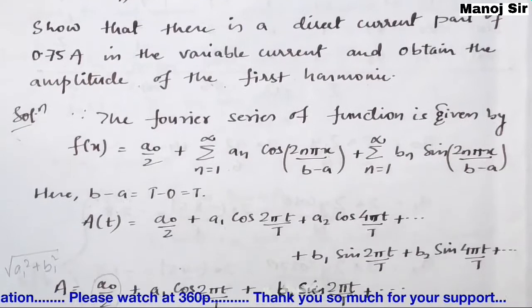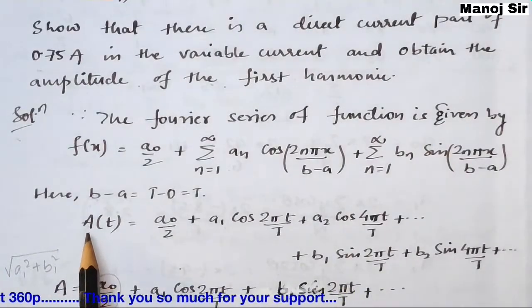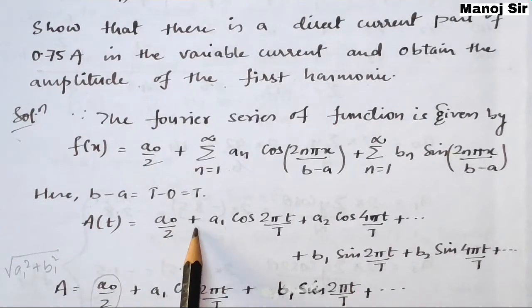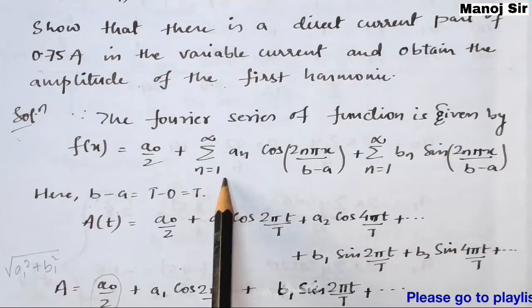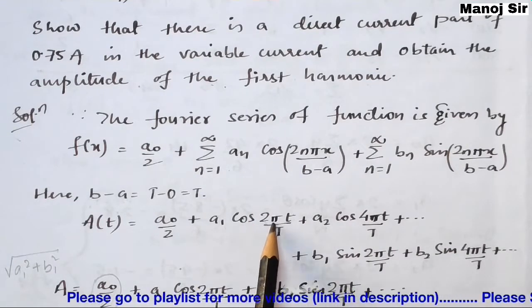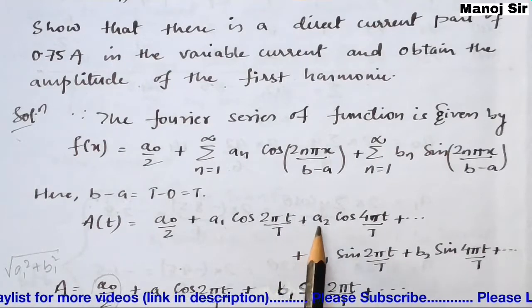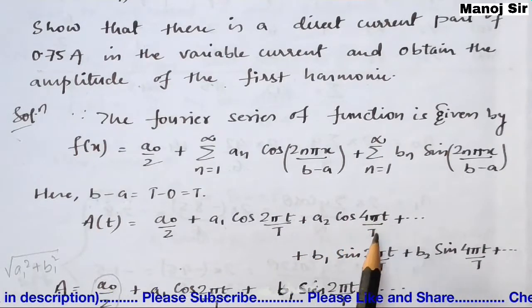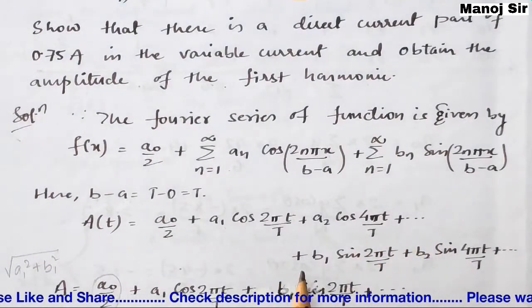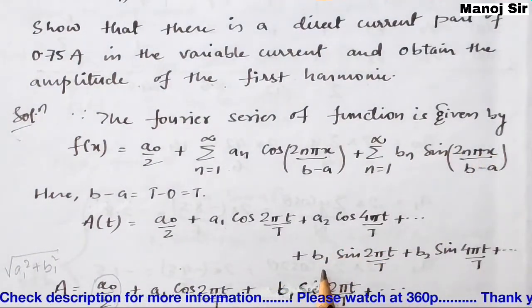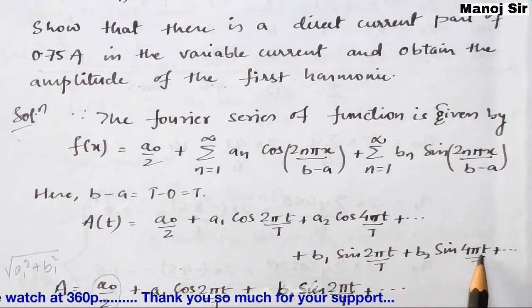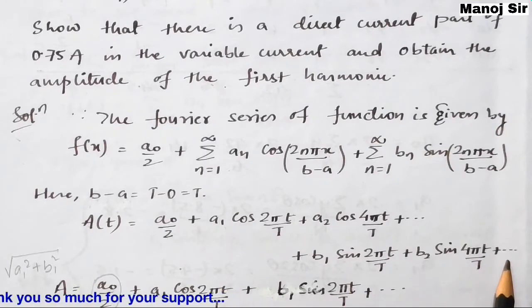So here we have a, that is current, which is a function of t, that is time, and that is equal to a naught upon 2 plus, if you put n equals 1, 2, 3, 4 and so on, you will get a1 cos 2 pi t upon capital T plus a2 cos 4 pi t upon capital T plus dot dot dot, plus b1 sin 2 pi t upon capital T plus b2 sin 4 pi t upon capital T plus dot dot dot.